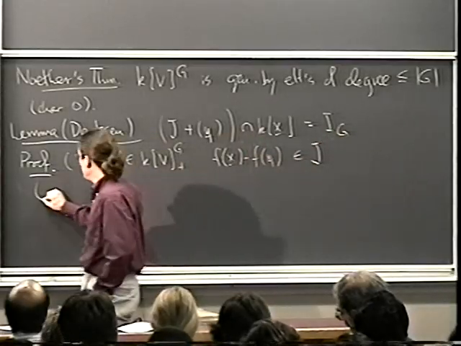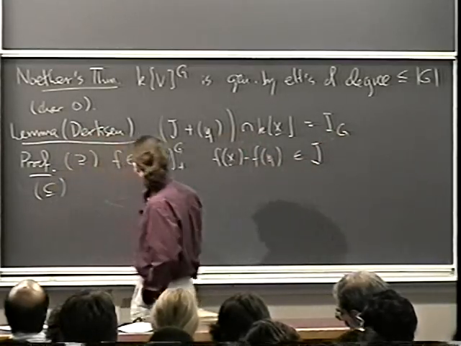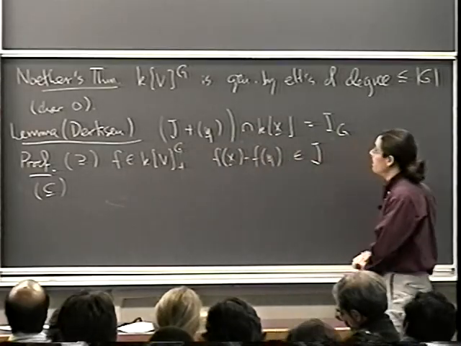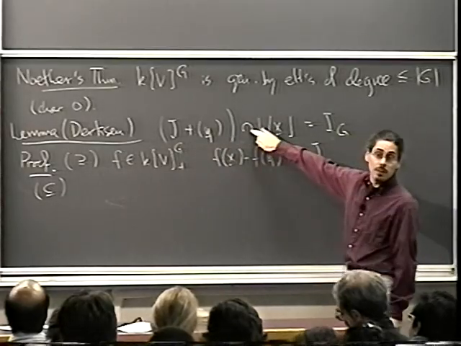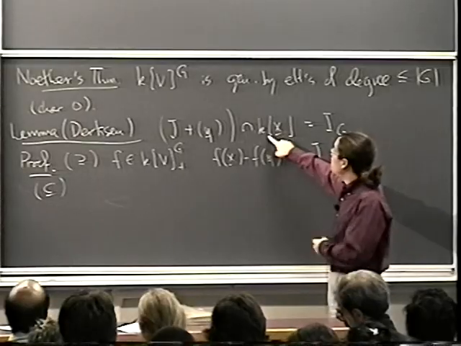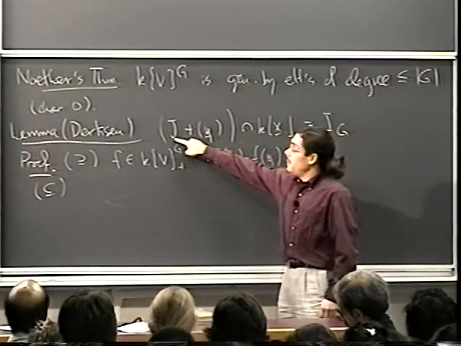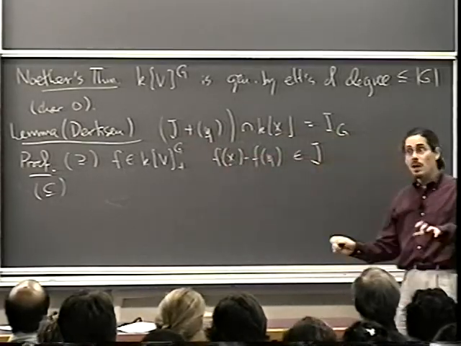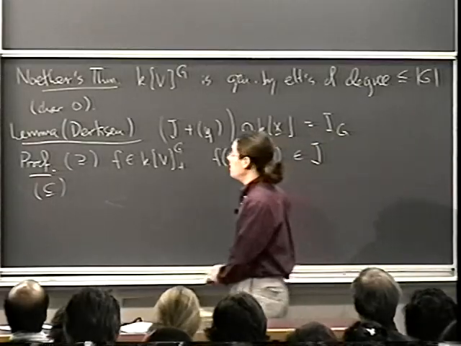Okay? And the nice part of the argument is to do the other thing, the opposite way. So suppose I have a function in here. So this means it's a polynomial in x that happens to be in the ideal generated by y plus the ideal of stuff that vanishes on the Dirksen arrangement.